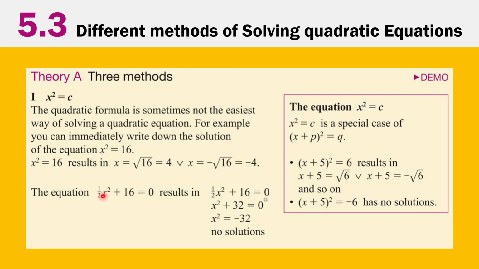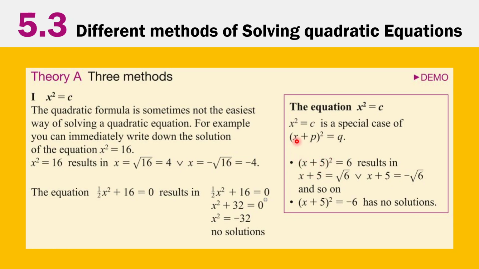If x squared was actually equal to a negative number, so in this case x squared equals minus 32, then my c was negative. I could immediately say this has no solutions. Remember? We can also do that for this form if this was inside of brackets.